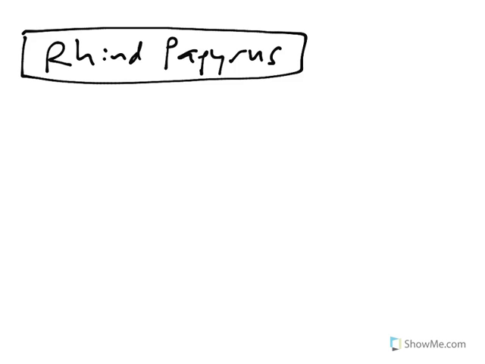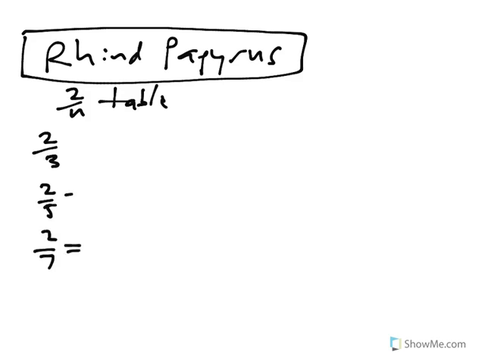They have something called the 2/n table. The 2/n table is a way of taking all the fractions that have odd denominators and writing them as a sum of unit fractions.